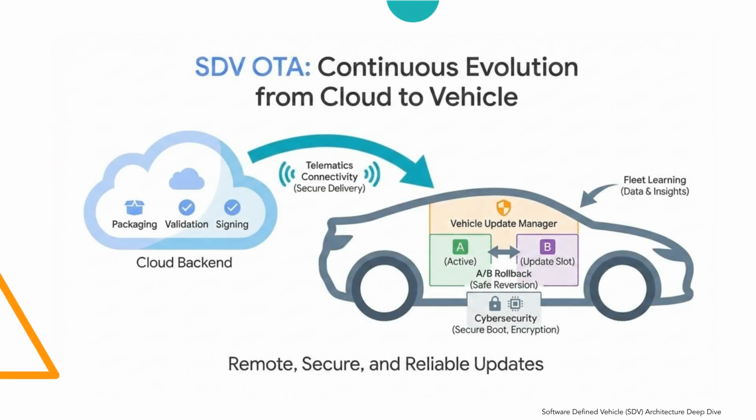One of the most powerful capabilities of SDVs is OTA, or over-the-air updates. In traditional vehicles, updating software required visiting service centers, but in SDVs, updates are delivered remotely from the cloud. The OTA pipeline starts with cloud backend systems, where software updates are packaged, validated, and signed.